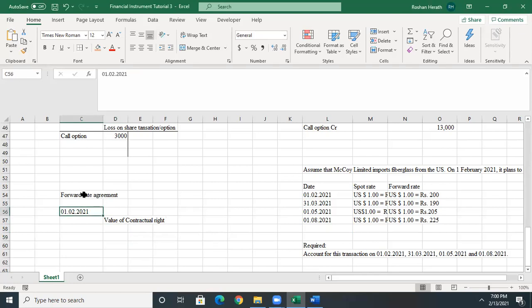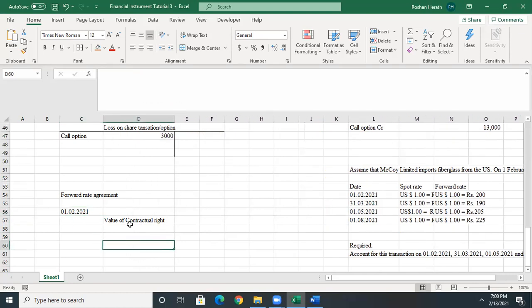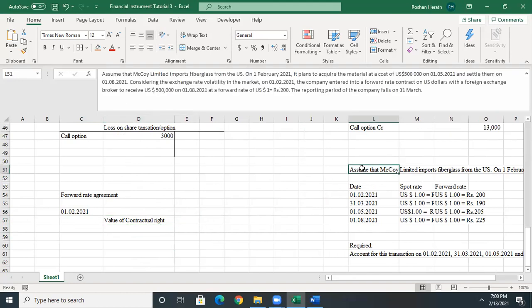Right. So in the forward rate agreement, now we are looking at the initial recognition. So on 1st of February 2020, we first have to ask 2 questions over there. The first thing is, what is the value of your contractual right? So on this date, what is the contract that you enter into?